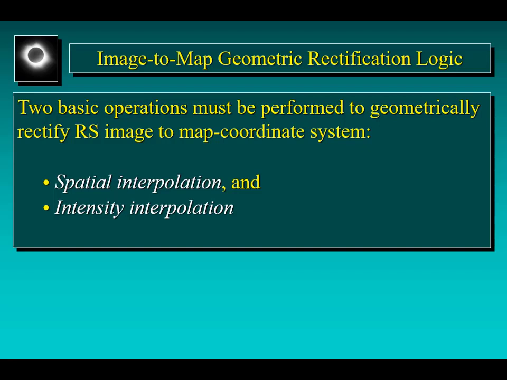Okay. And then once we have that established, we're going to have two basic operations that we need to perform in order to geometrically rectify our remote sensing image to some map coordinate system. And again, we're going to focus here on the image-to-map rectification logic. The two processes are as follows. We're going to need to perform a spatial interpolation as well as an intensity interpolation.